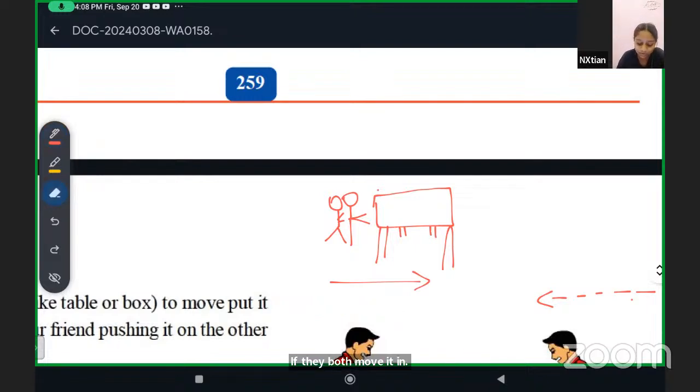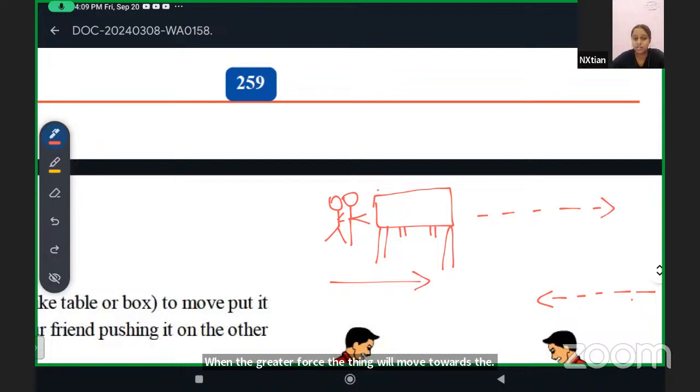The table will move to this side. Okay, because the force is being applied to move it towards one direction. But if opposite forces are applied, then the thing won't move, if the forces are equal. But if opposite forces are applied, the thing will move towards the greater force.